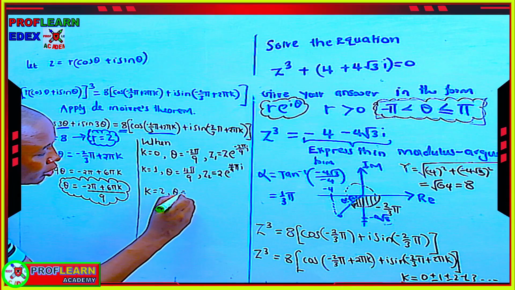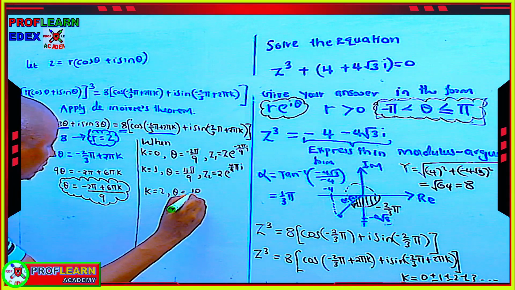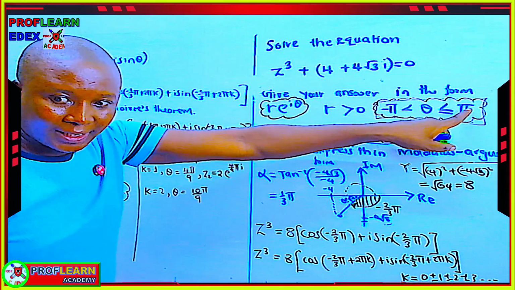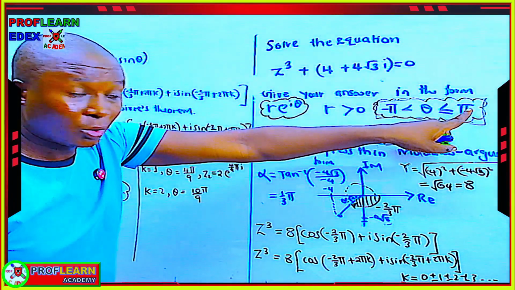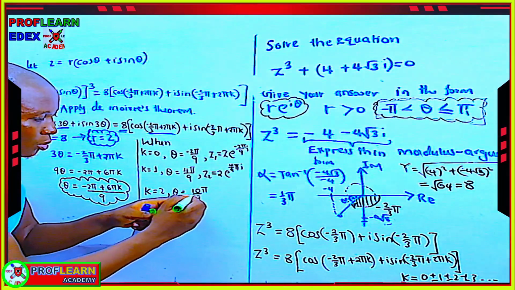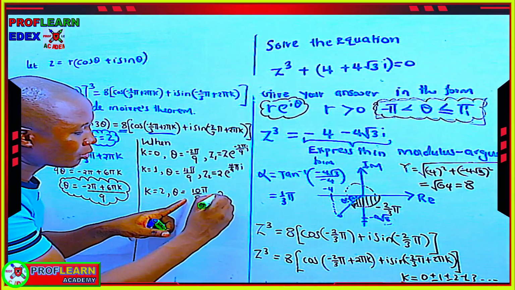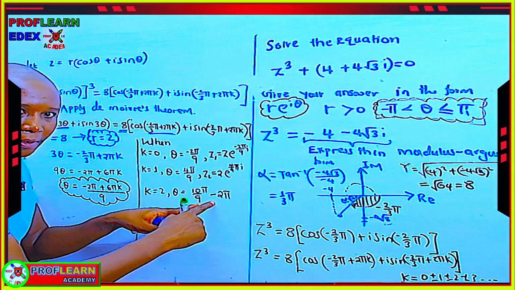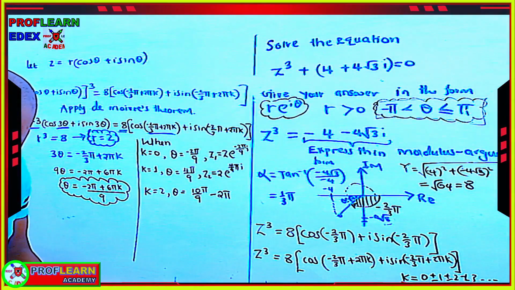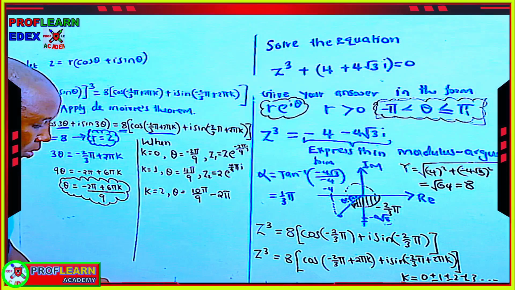Our theta is going to be 10 pi over 9, which is more than this. So if you want to go with this, you have to subtract 2 pi from this one. Let's check what answer we will get.